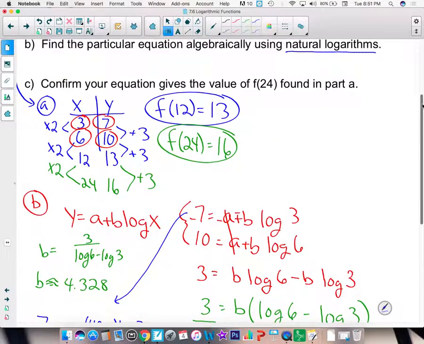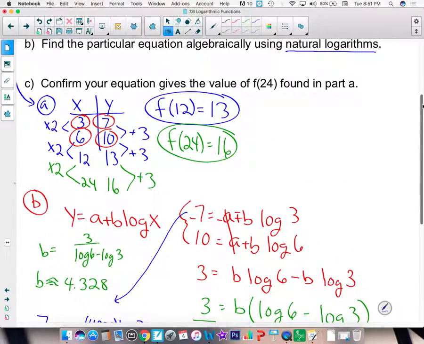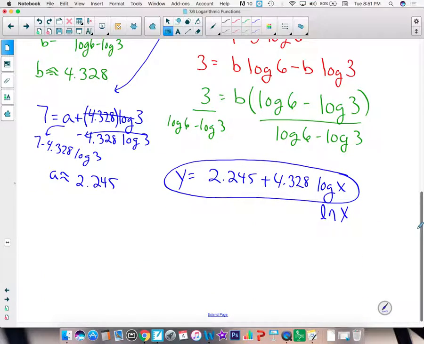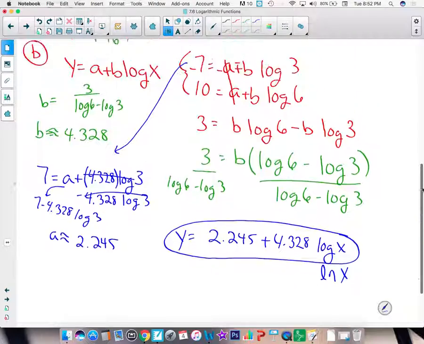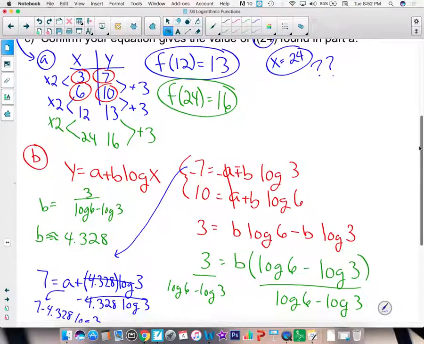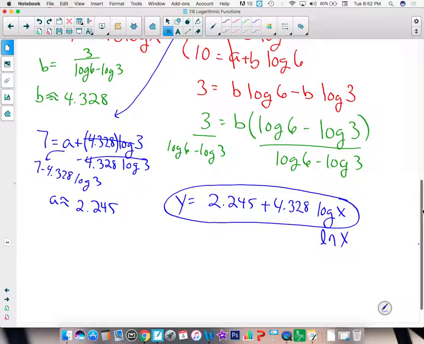Okay, and then for part c, it says confirm your equation gives you the value of f of 24 you found in part A. Well, what does this mean? That means plug in 24 for x and see what you get. Go ahead and plug that in and see if we get the same answer. If you didn't get the exact same answer, then it should be pretty close. You might be off by a few decimal places, but that's just because we rounded here and there.